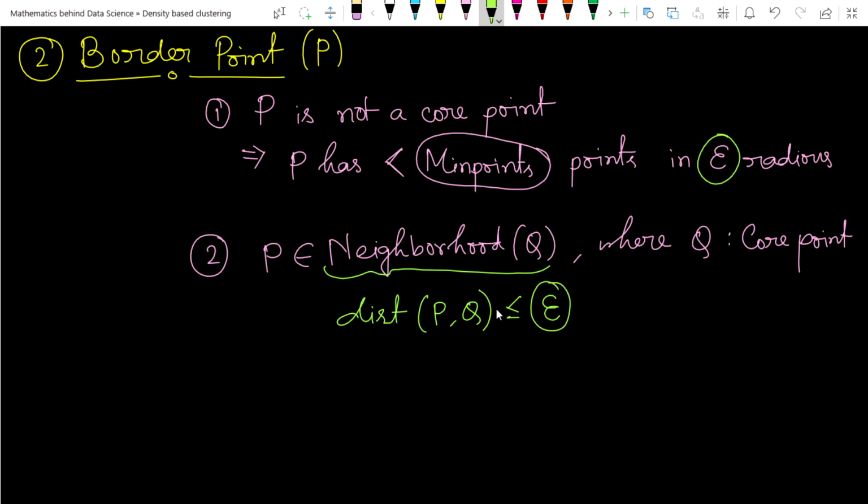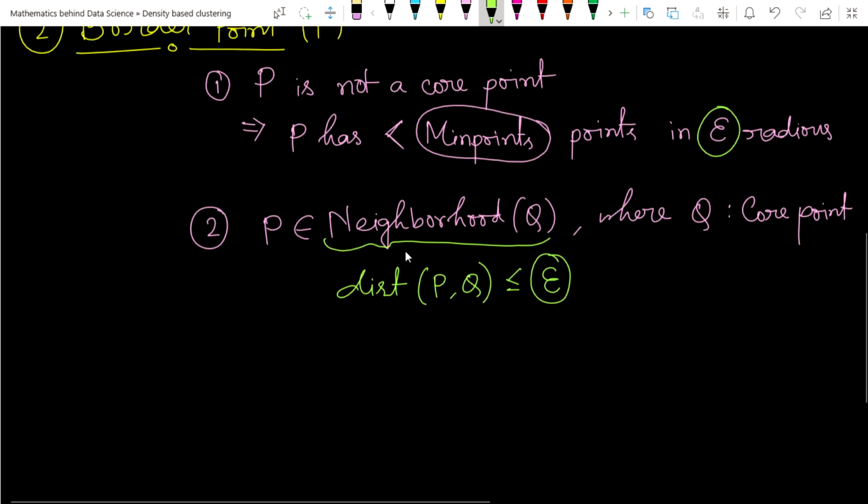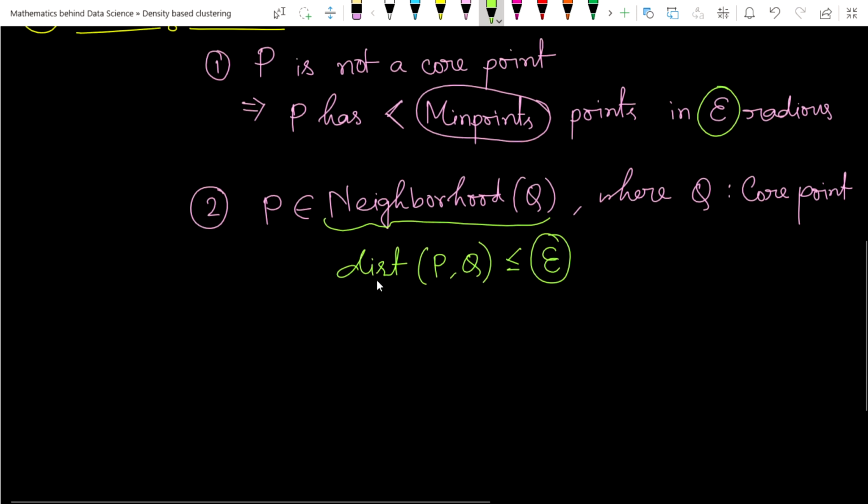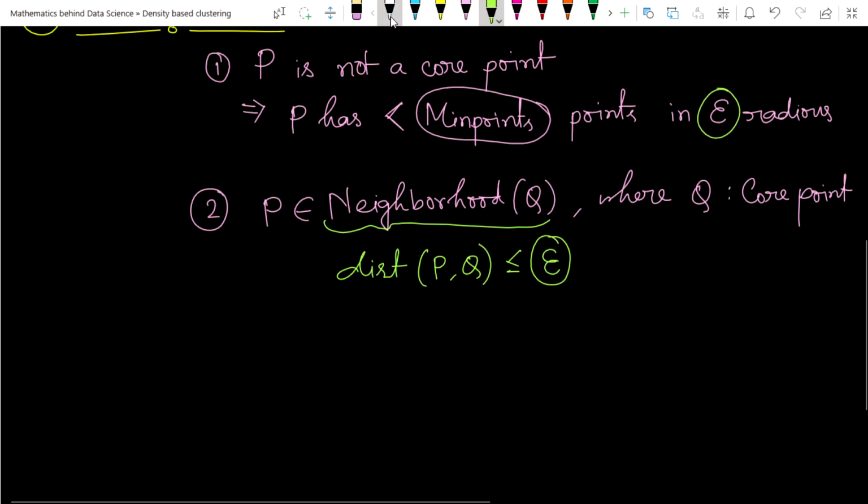We will see these things through an example, to understand what it actually means.